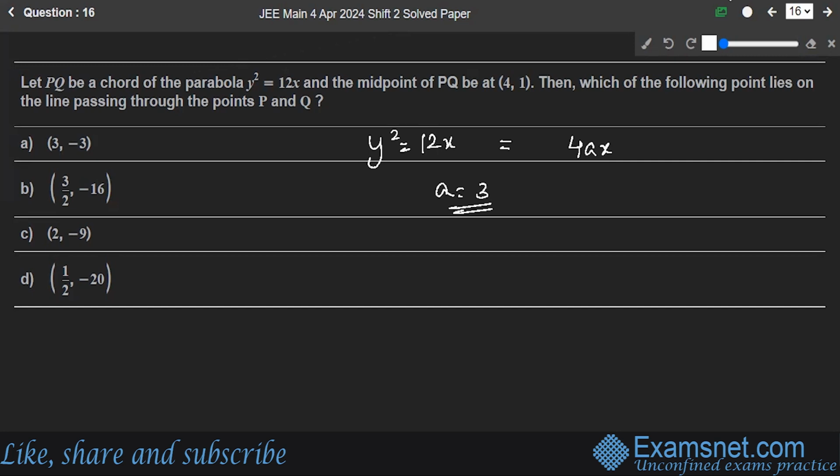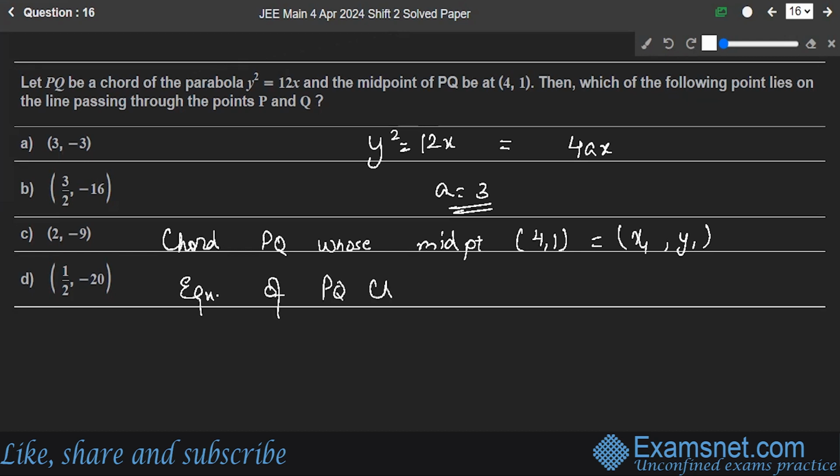Okay, so what next? We are having a chord PQ given, whose midpoint is 4, 1. Let's say this is some x1, y1. So from here, we can derive the equation of the PQ chord.